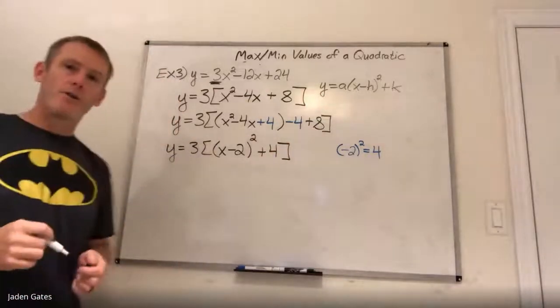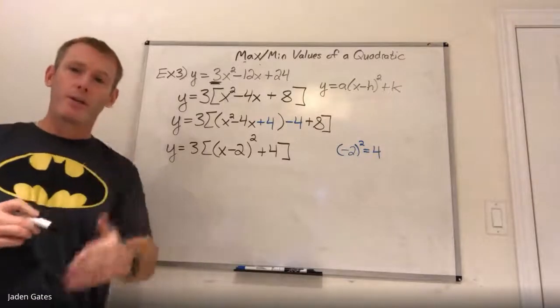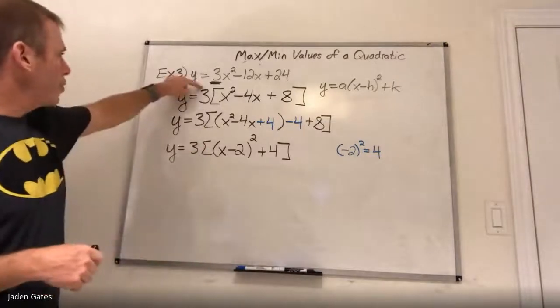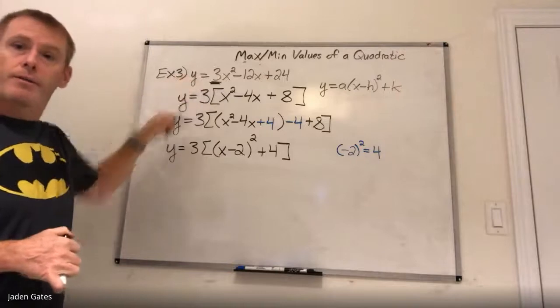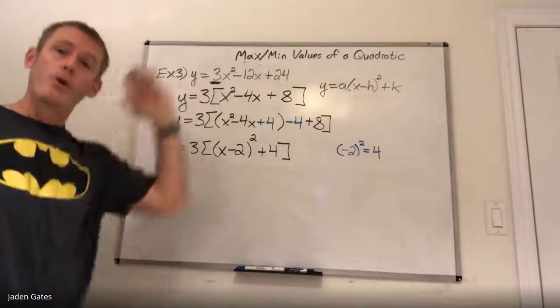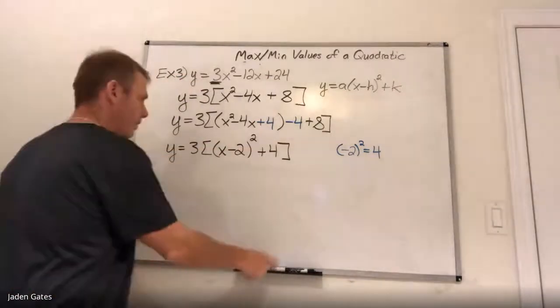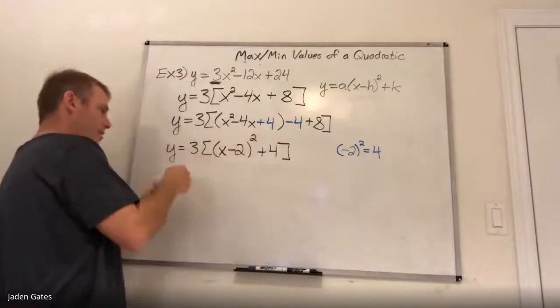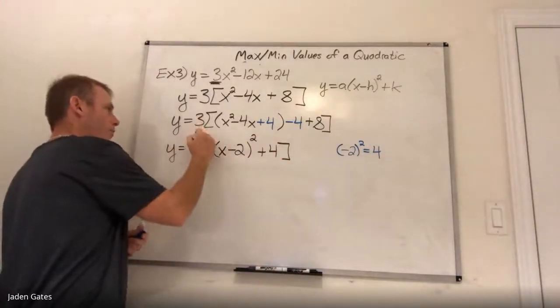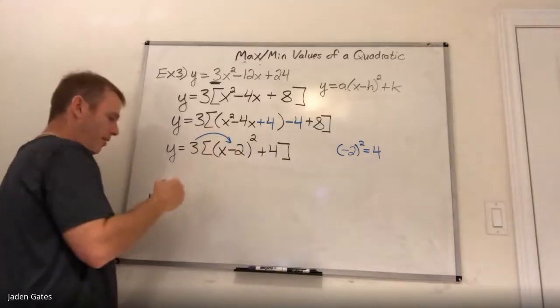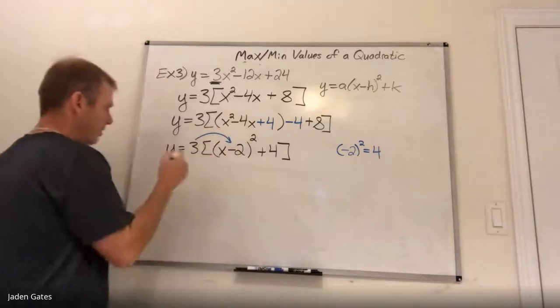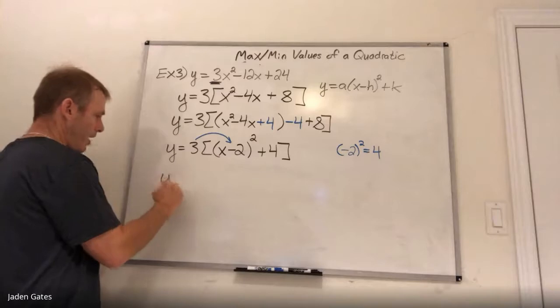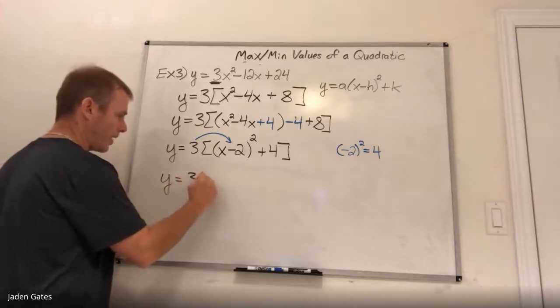All right, now here's the thing, is I've now completed the square. Remember, I took the 3 out to do that. So now that I've completed the square, I'm going to put the 3 back in. So to do that, I got a 3 outside these square brackets. I'm just going to do the rainbow rule. I'm going to go 3 times that big term, and I'm just going to write it out like that.